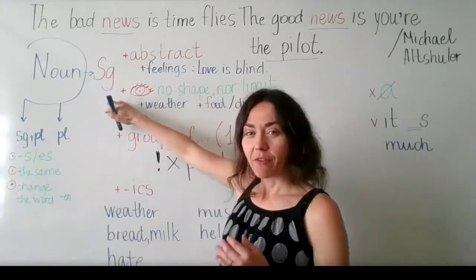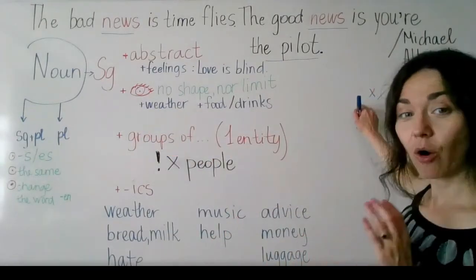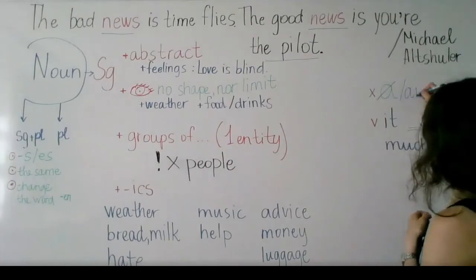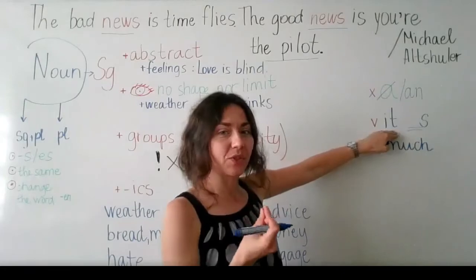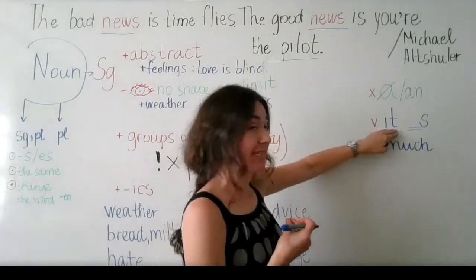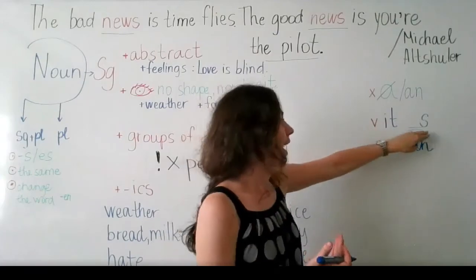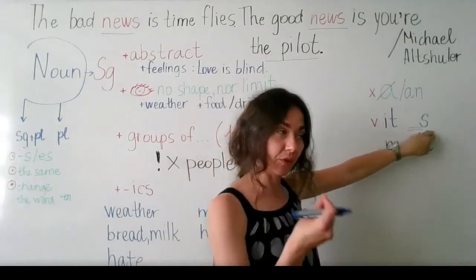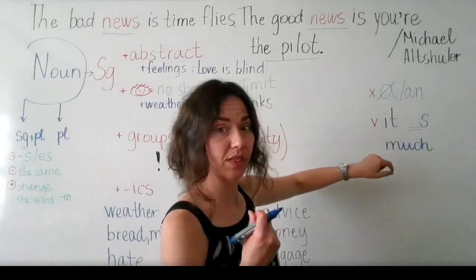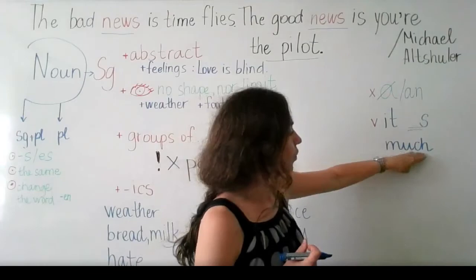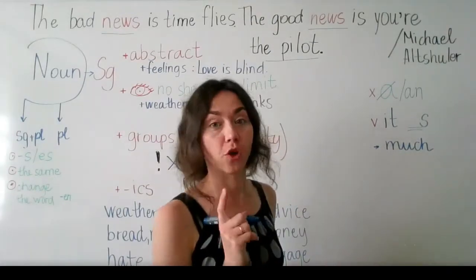So nouns which have only singular form, first of all, we cannot use a or an, this indefinite article, with them. We always use only this personal pronoun as it. Instead of saying the word, I could say it. We have always s at the end if we use the present indefinite tense form in the sentence when we use this word. And we use this pronoun as well, much, not many.